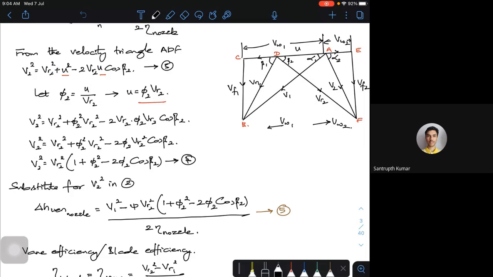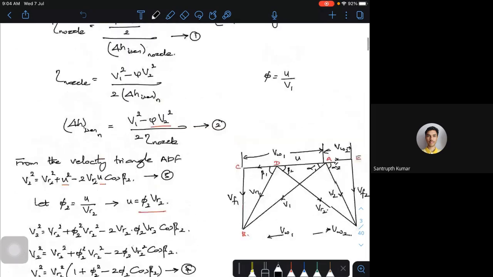Now, once I get this V2, already I have defined the isentropic enthalpy drop for the nozzle, which is equation number 2, which is V1 square minus psi, where psi is the carryover coefficient, into V2 square, divided by 2 times the nozzle efficiency. So I will substitute for this V2.